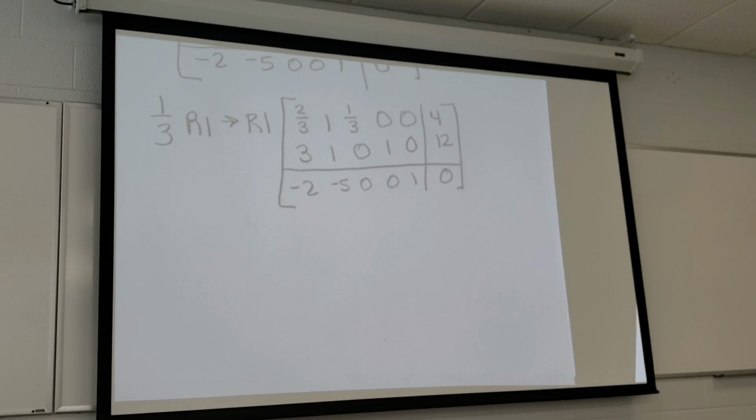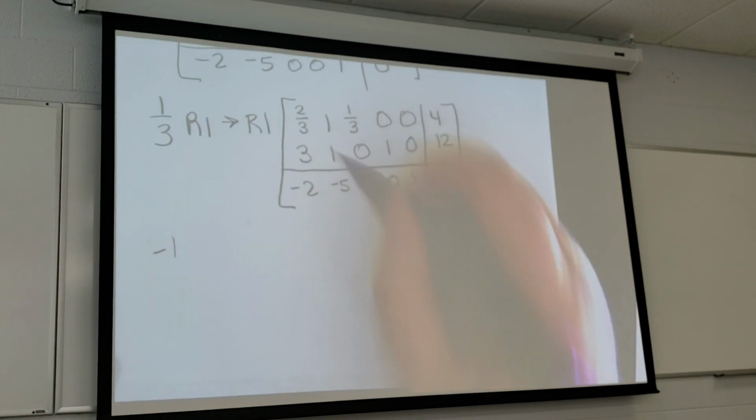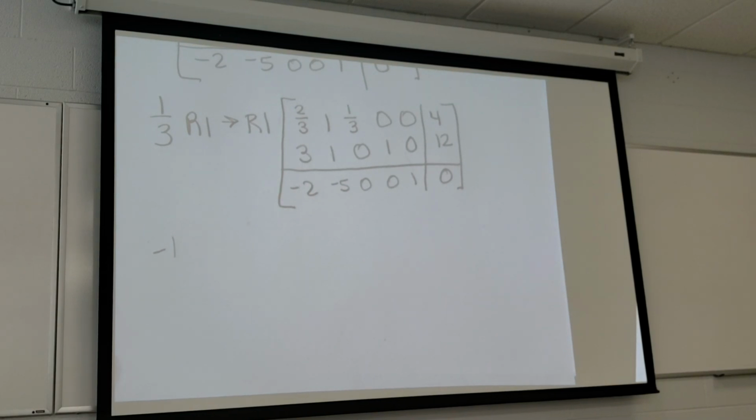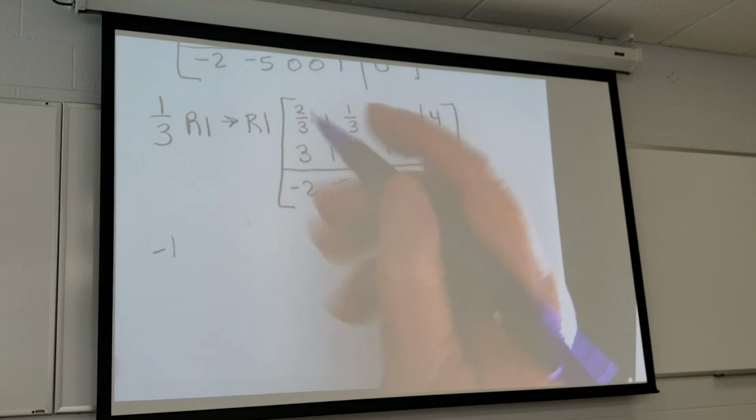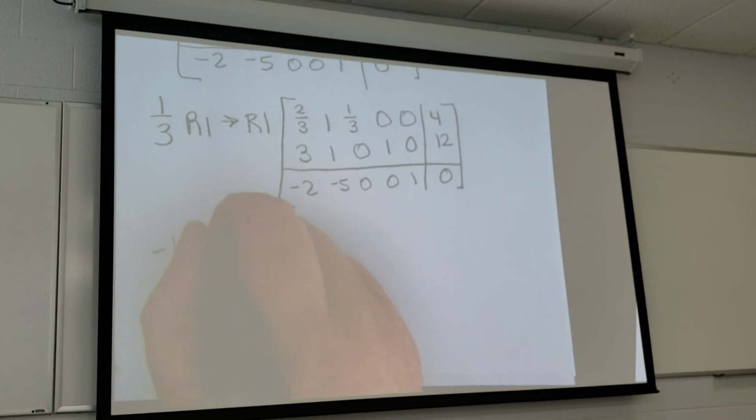So what I'm gonna do is -1. Why? Because what's -1 plus 1? 0, but I have to do it to the whole row. So I'm gonna change row 2. So I have -1 times row 1 plus row 2 gives you a new row 2.